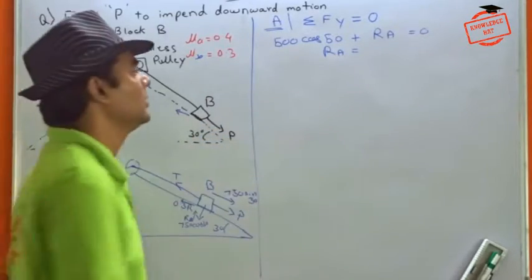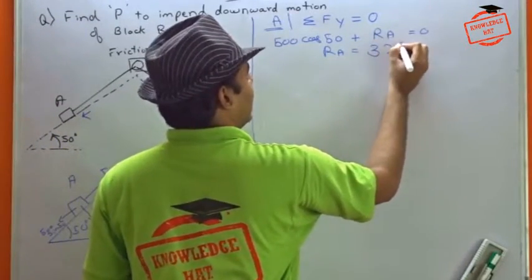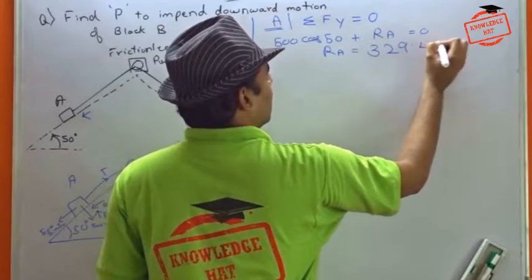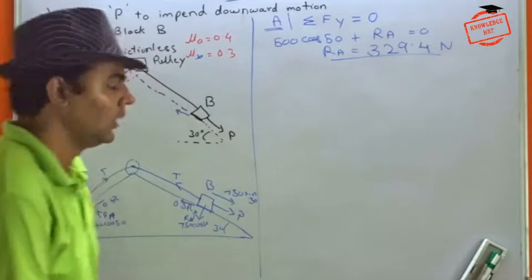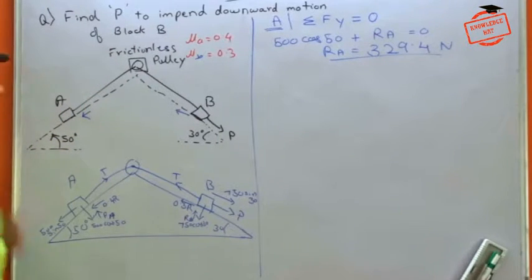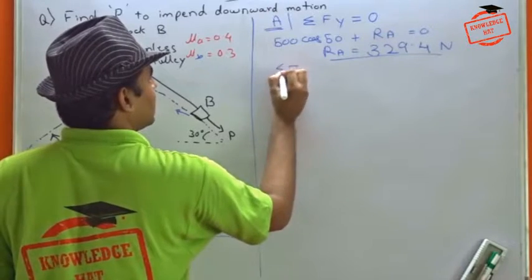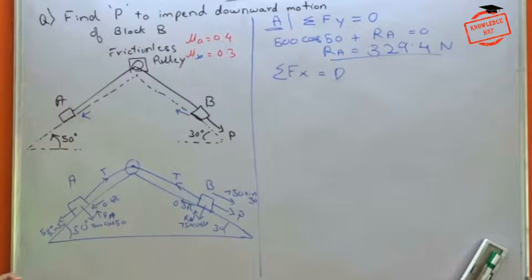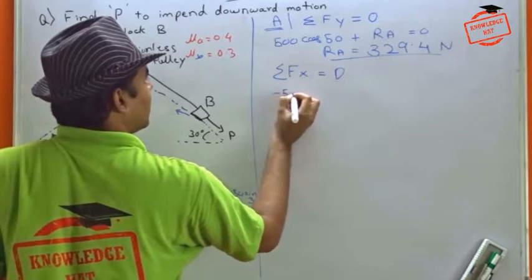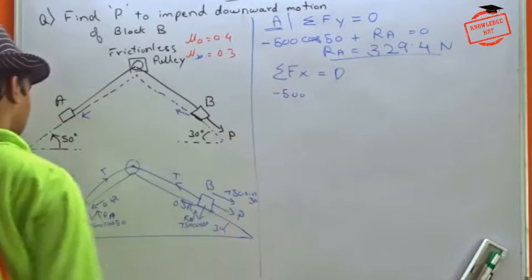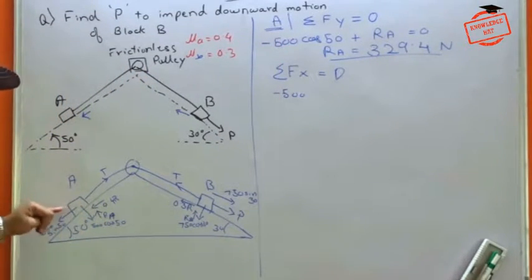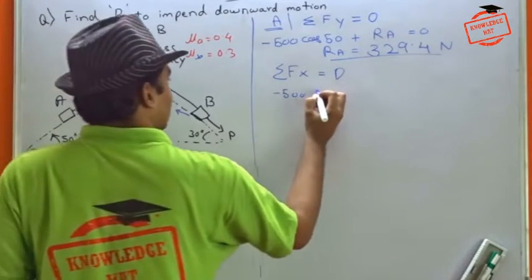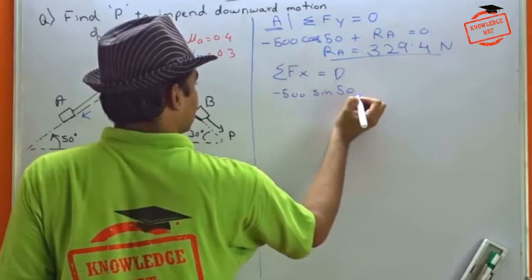We directly put the values in the calculator and we get the value of RA, our first value. The next is we take the summation of horizontal components at block A, and we equate this to 0. Now, the horizontal component of the weight is in the negative x direction, since it is in downward direction, so it will be minus 500 sine of 50 degrees.